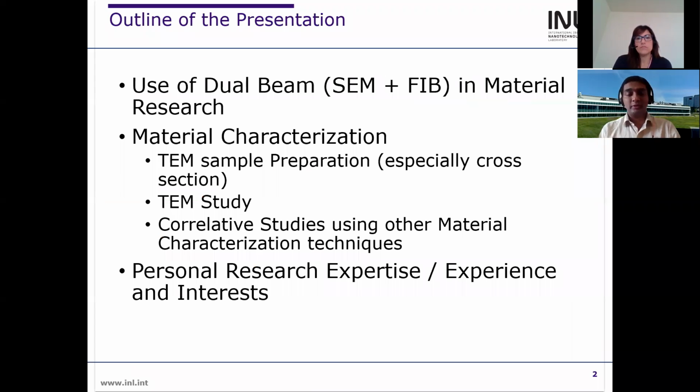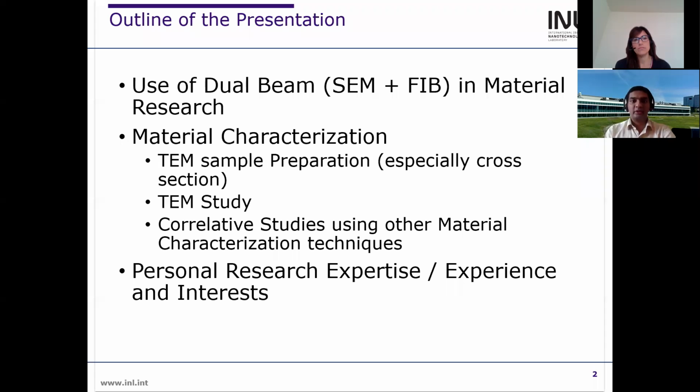First, I'd like to tell a little bit about the dual beam equipment, which is used in material research, because this is one equipment that I have been handling personally, and I'm the facility in charge, and we can do a lot of things in material research using the dual beam equipment.